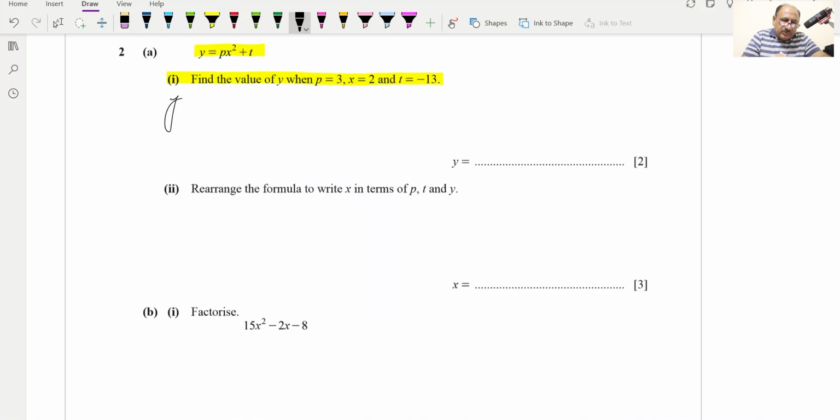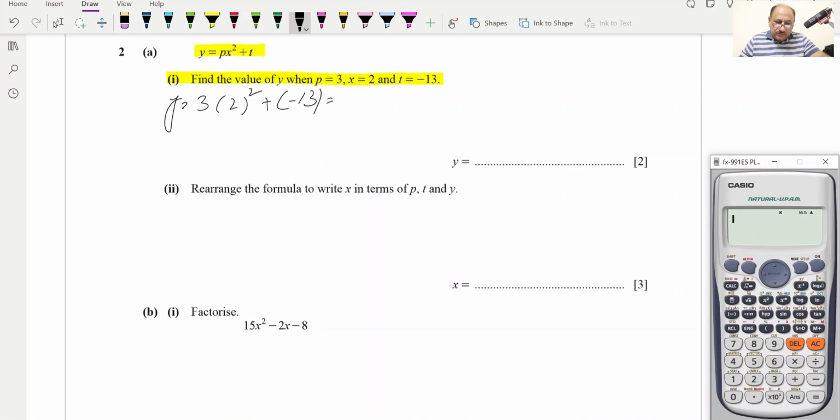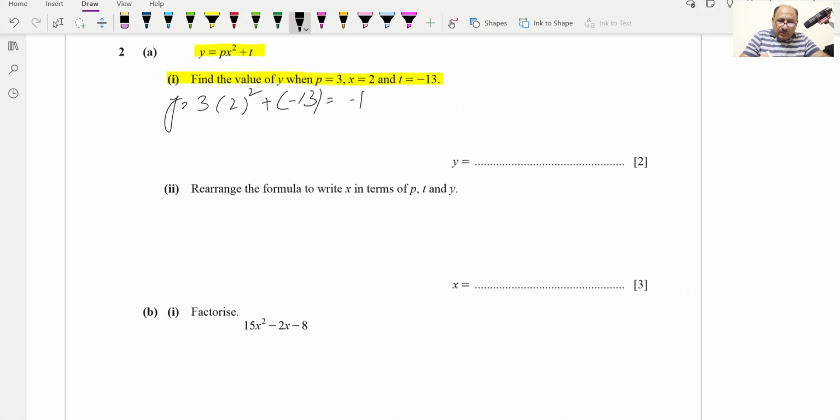So y is equal to p is 3, x is 2, and we are replacing values, and plus t value is minus 13, and just put in calculator and you will get the answer. This will be 3 in brackets 2 squared, and plus in brackets minus 13 and bracket close, and this is equal to minus 1. So minus 1 will be the answer for this part.